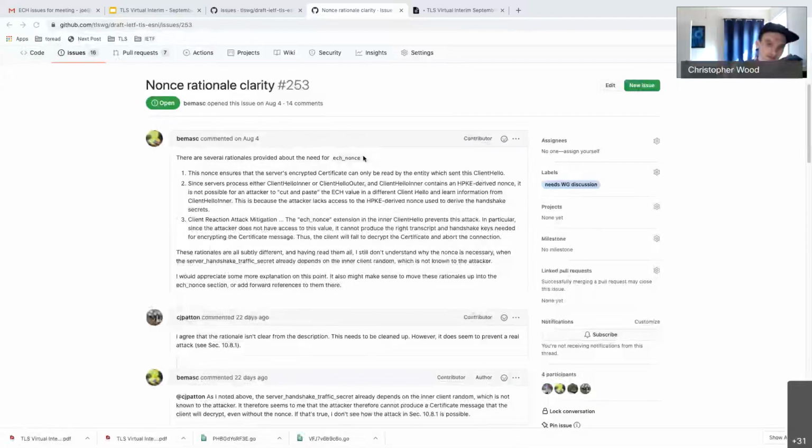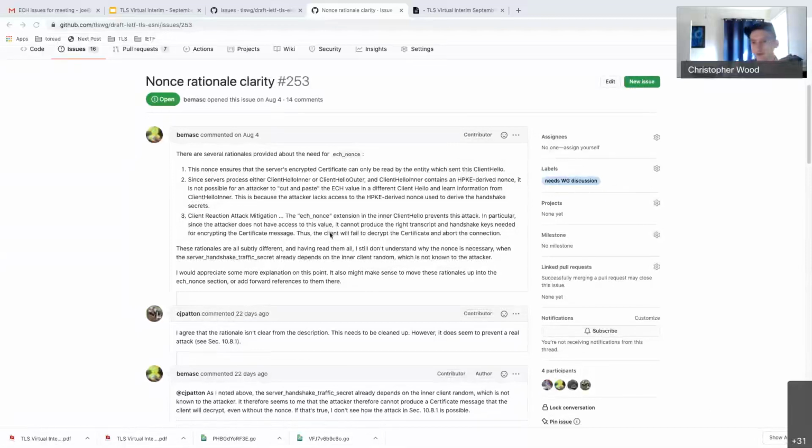So if we're reasonably sure that the random values from the inner and outer client hello are independently generated at random, and that the inner client hello random is never leaked by any entity who has visibility into it, then we may be able to remove it, after discussions with Karthik and some others.